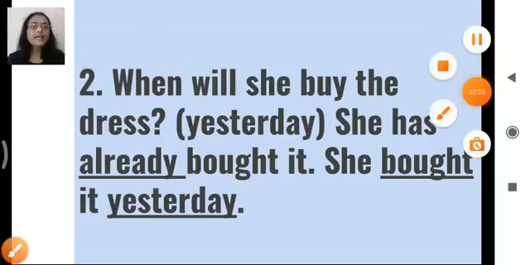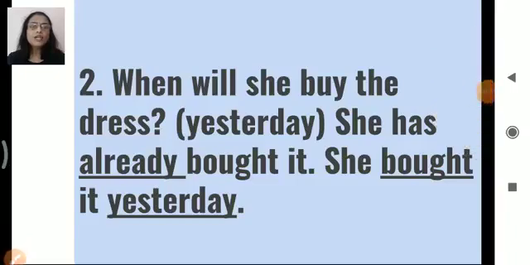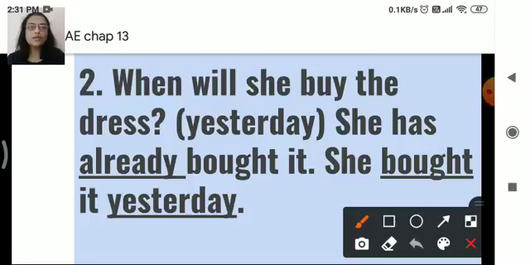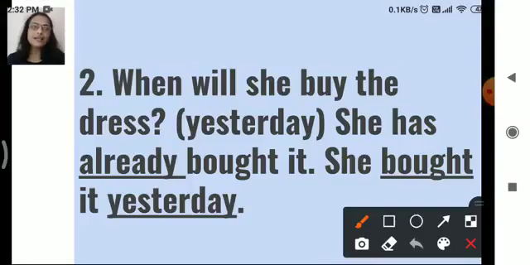Now the second one. When will she buy the dress? Yesterday. Okay, it is given in the bracket. So our answer will be she has already bought it. Buy will change into bought. Okay, she bought it yesterday. So buy changed into bought, isn't it?